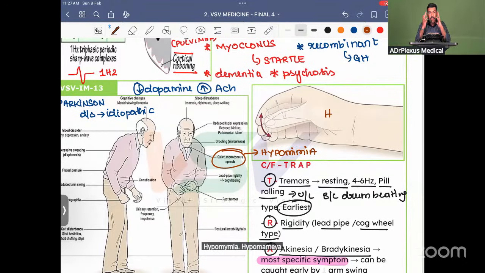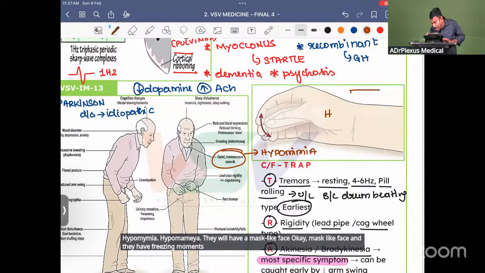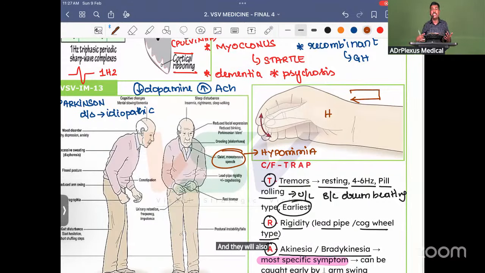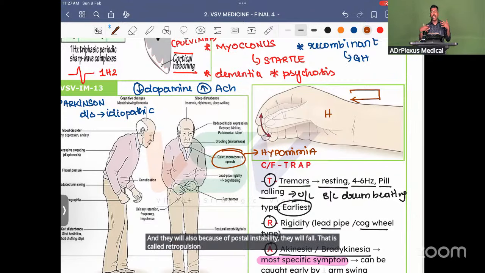They will have a mask-like face, and they have freezing moments. When they walk like this, and they freeze, and they will turn. And because of postural instability, they will fall. That is called retropulsion or lateropulsion, or propulsion can occur. So these features are the cardinal features of your patient with Parkinson's disease.